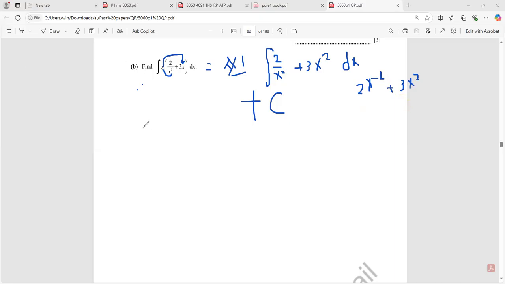So here it will be 2x to the power of -1 dividing by -1 plus 3x to the power of 3 dividing by 3, which is x cubed. Now it will be -2 over x plus x cubed plus C, and done. Let's see the next.